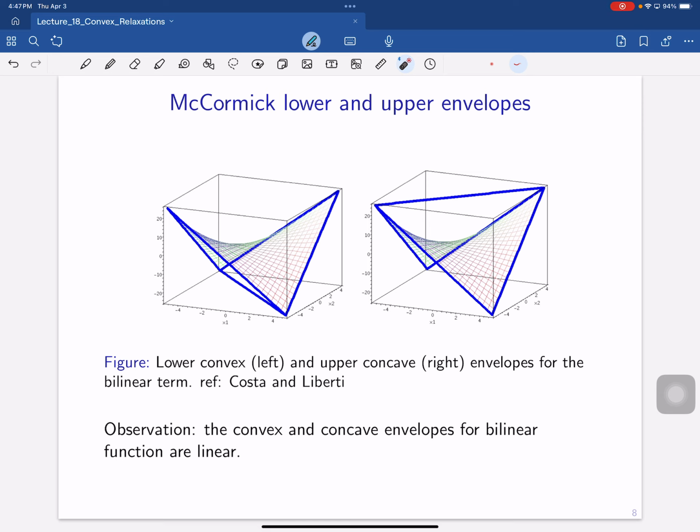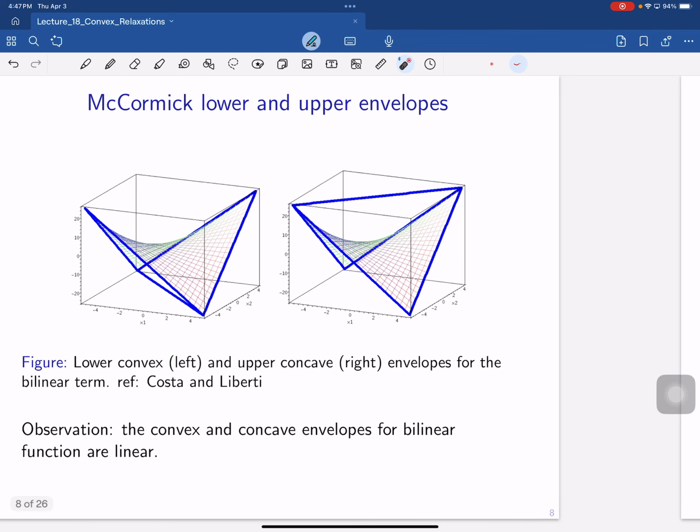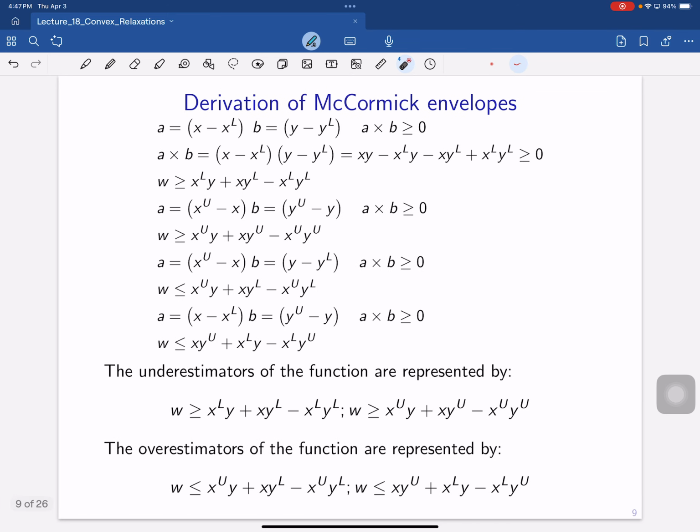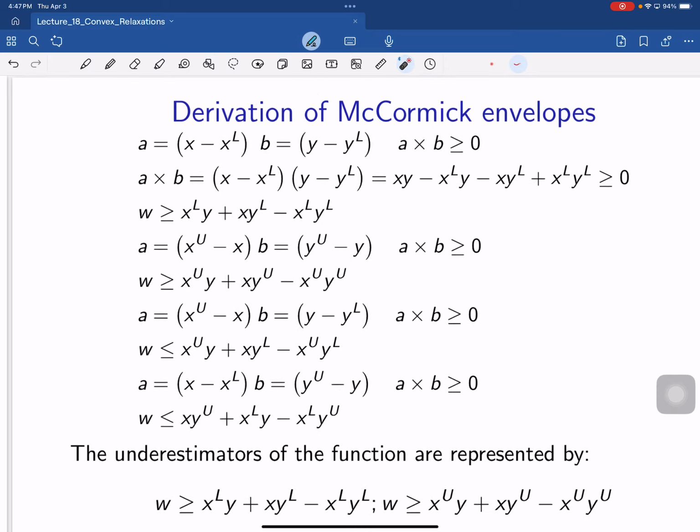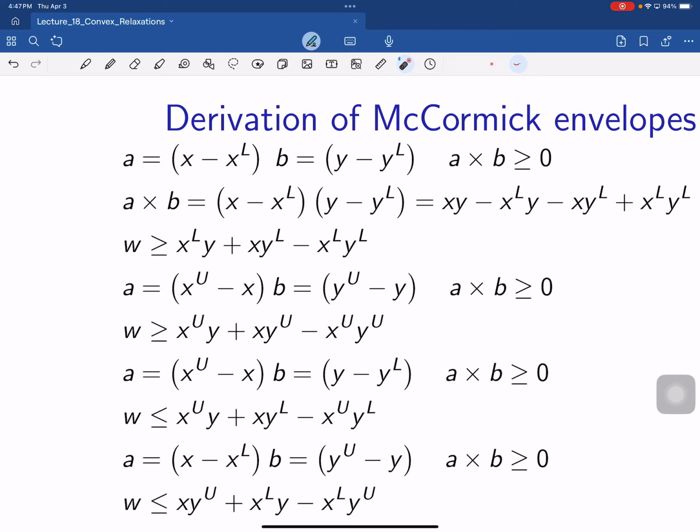So how do we derive the lower and upper envelope for bilinear functions? There is a very simple derivation. You don't need very sophisticated math. You only need probably middle school math to derive that. Okay. So remember x and y are also bounded.